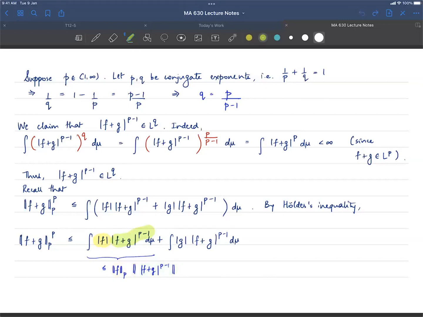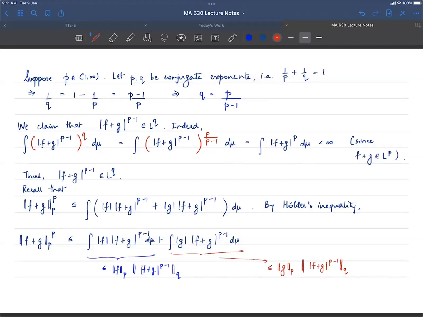And actually, maybe I should just mention this is LQ. Similarly, this term is going to be less than or equal to the LP norm of G, and then I'm going to take absolute value of F plus G to the P minus 1, and I'm going to take the LQ norm of that.